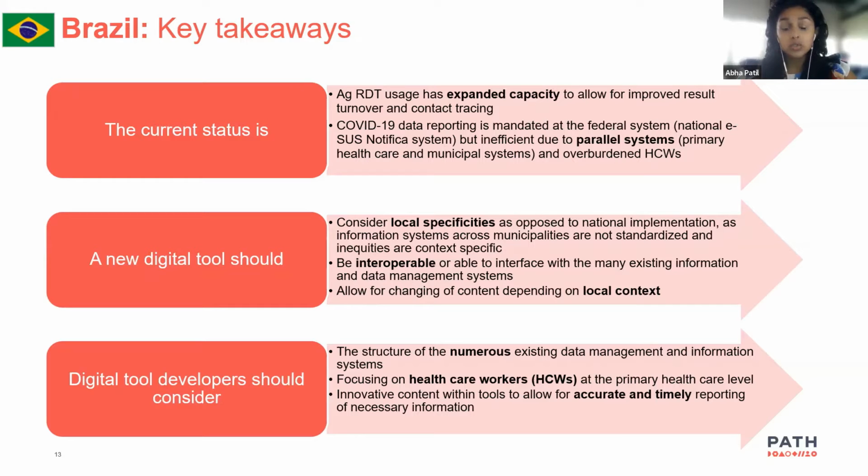So a new digital tool should really consider the local specificities as opposed to national implementation, as these information systems across municipalities are not standardized, and there is difficulty in integrating national tools.